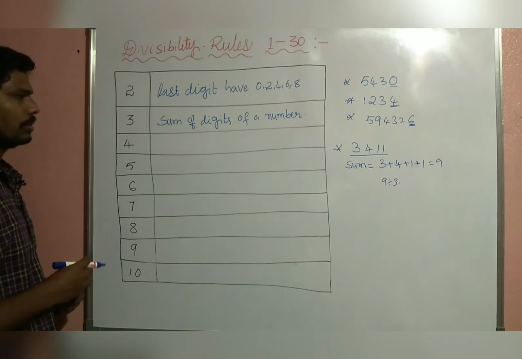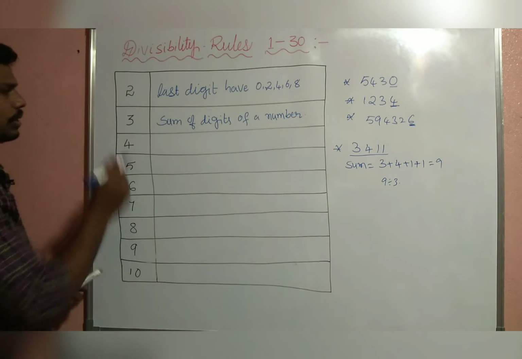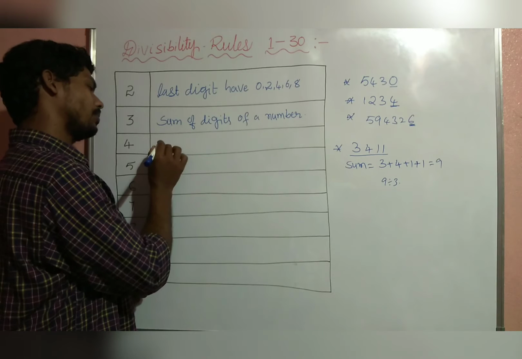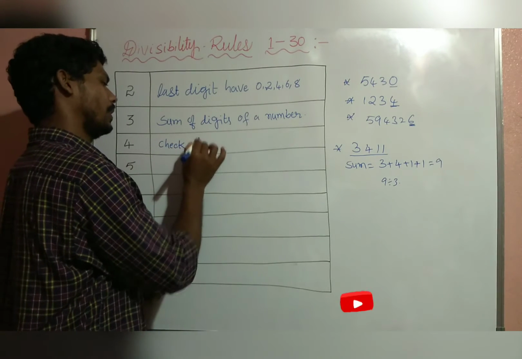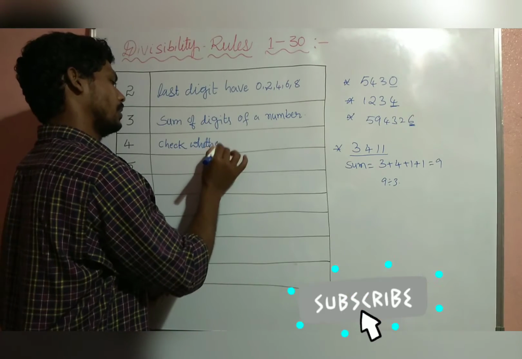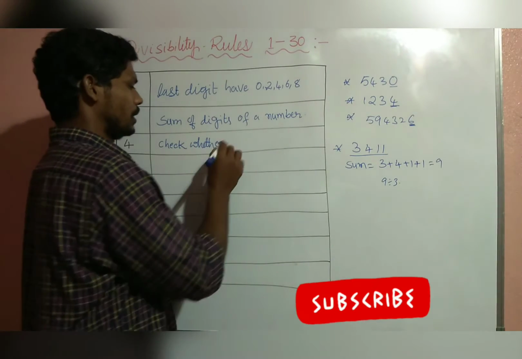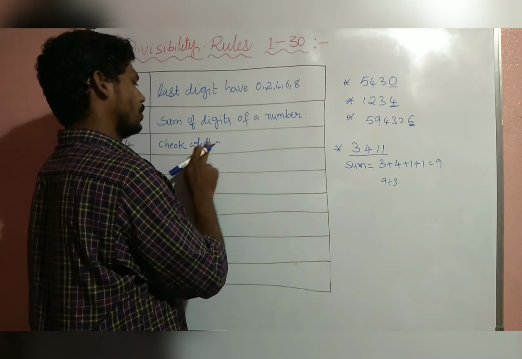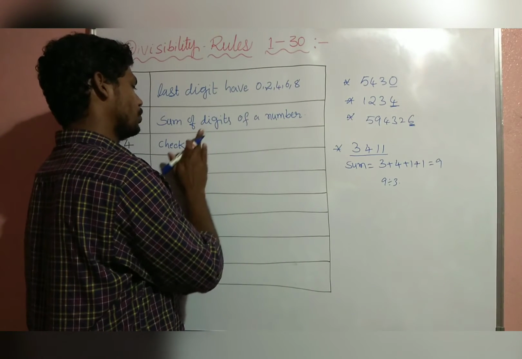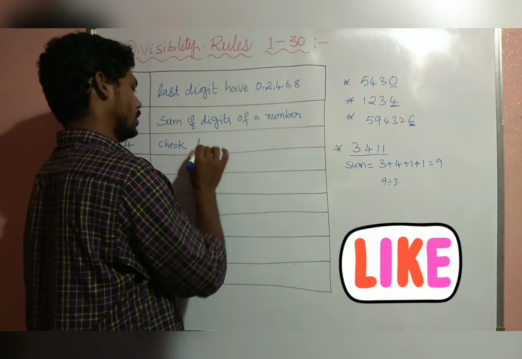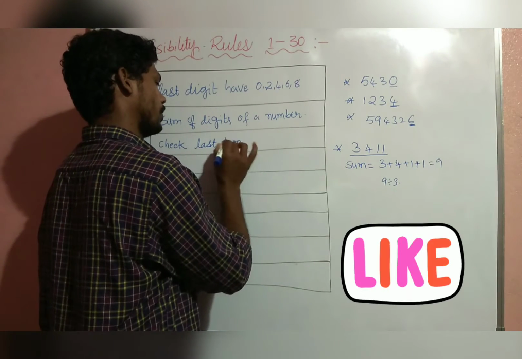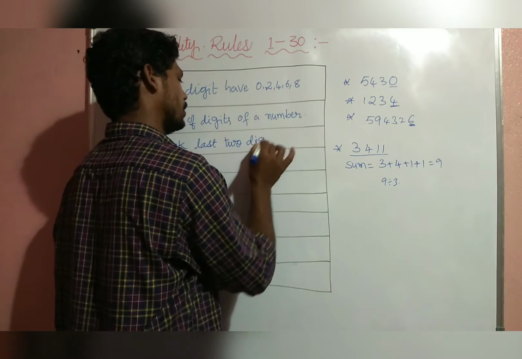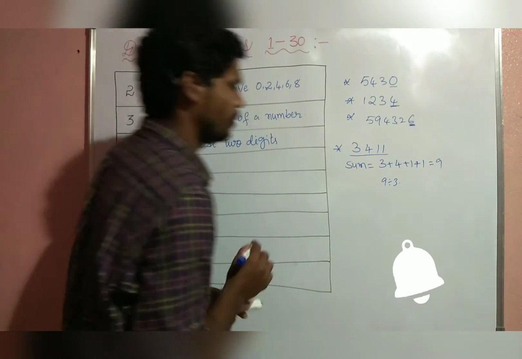Now coming to the next divisibility rule, that is 4. Here the divisibility rule of 4 is to check only the last 2 digits of a given number.